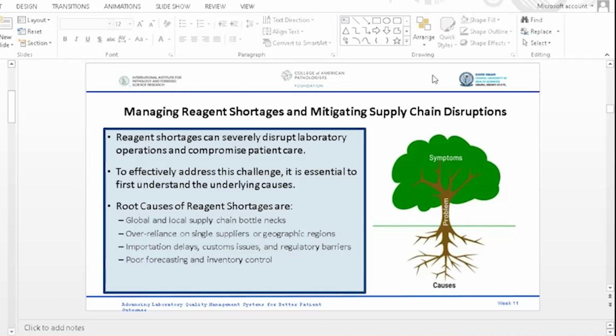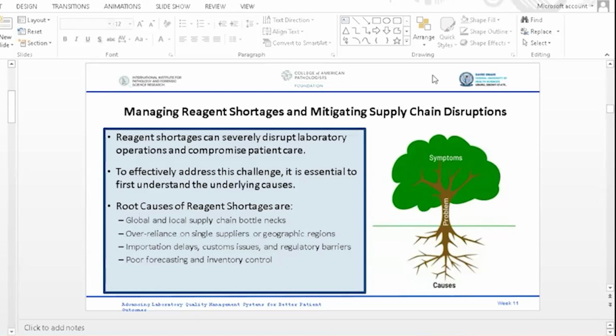Then importation delays, customs issues, and regulatory barriers can also be a root cause of reagent shortage. This is very common in many low and middle income countries, whereby you experience lengthy clearance procedures, uncoordinated documentation requirements, and fluctuating foreign exchange policies, which can all contribute to procurement inefficiencies.